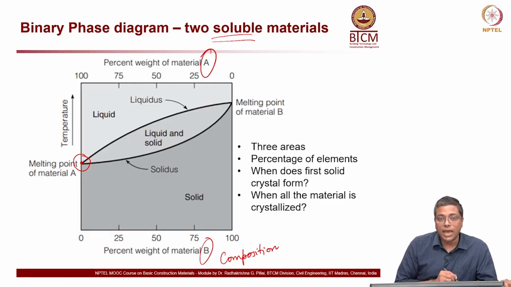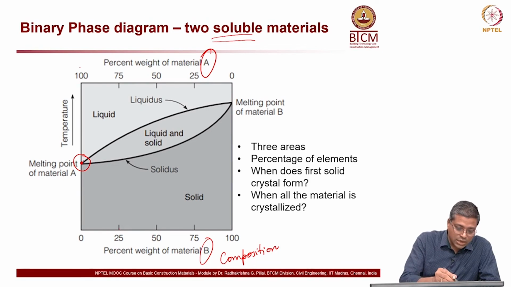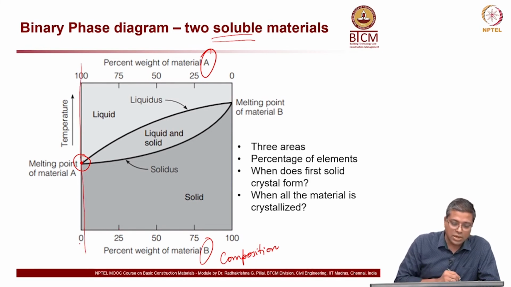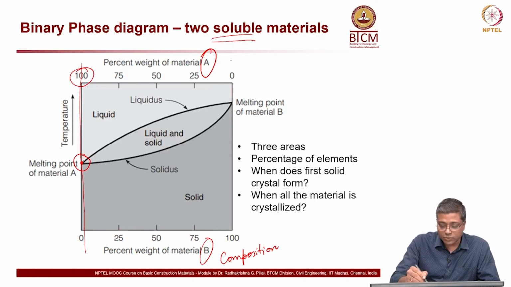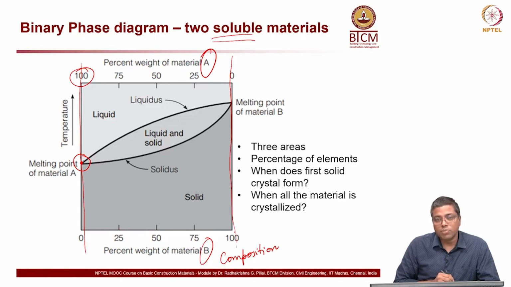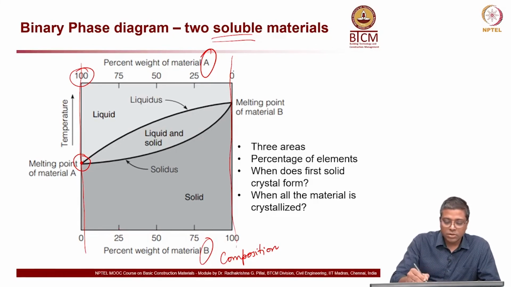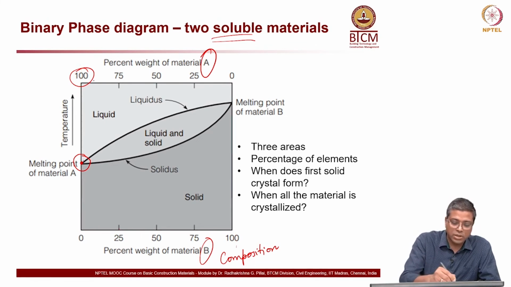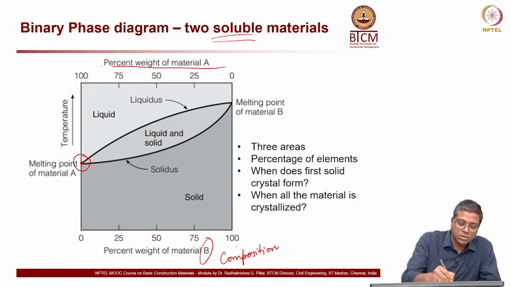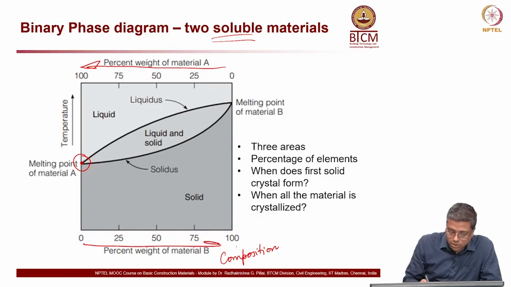Of material A, because at this line you have only material A, it is 100% A and 0% B. If you go to the right end of this graph, this is 100% material B and 0% material A. This clarity should be there, because A increases towards the left and B increases towards the right.